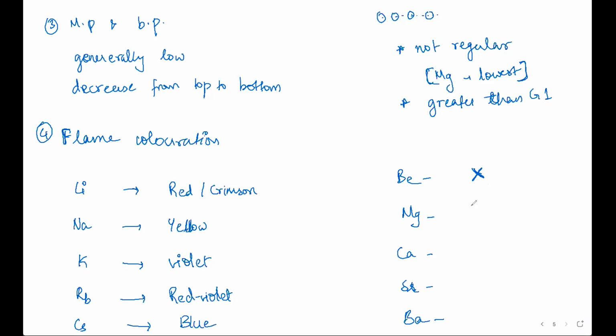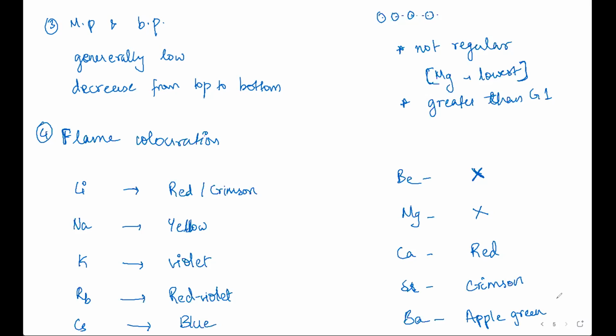There's no particular color to it. Calcium, brick red. Strontium is a darker red than this, so this is crimson again. And barium gives apple green.